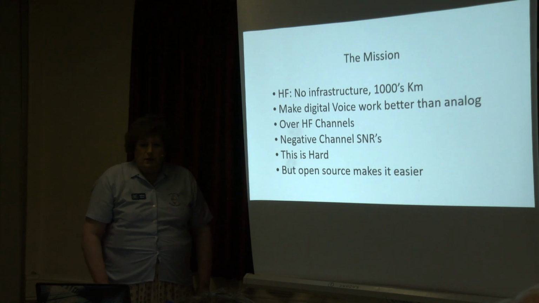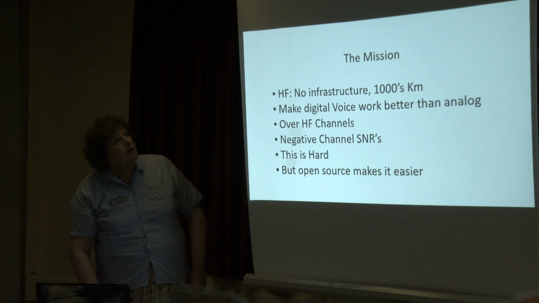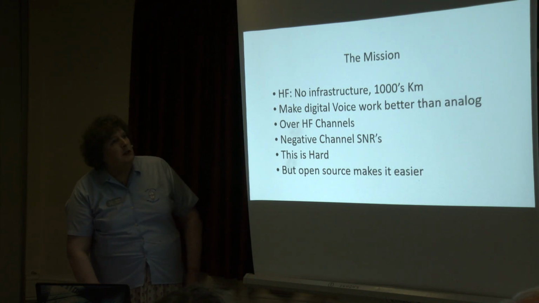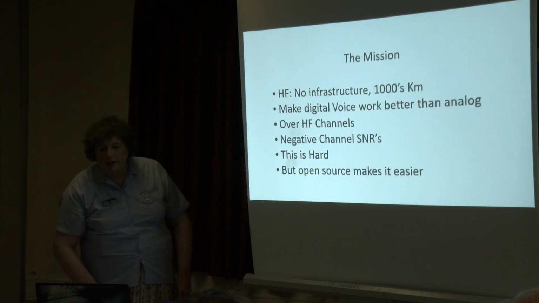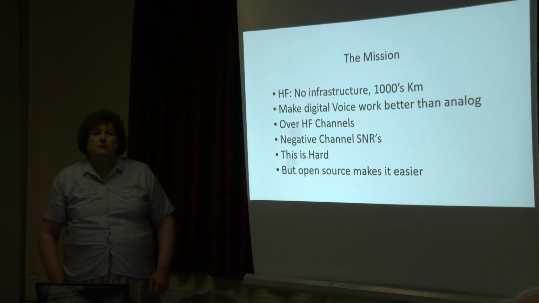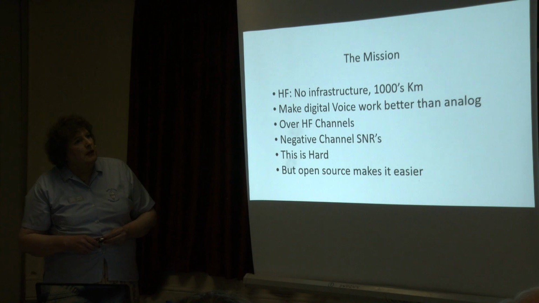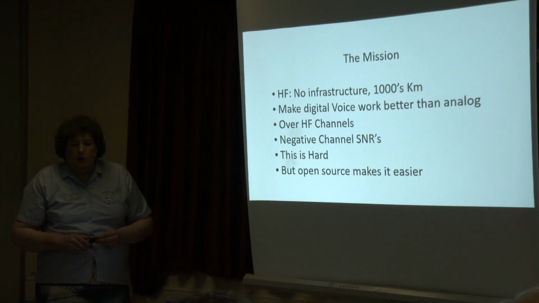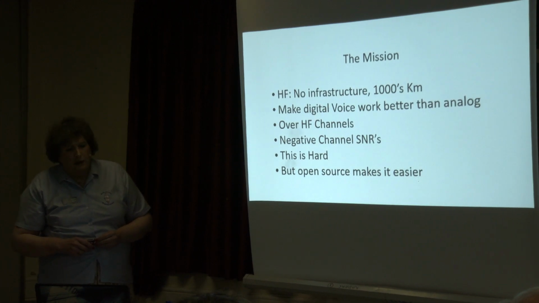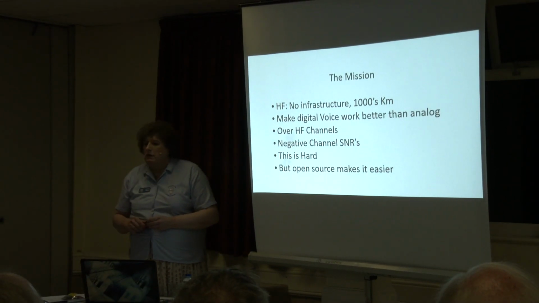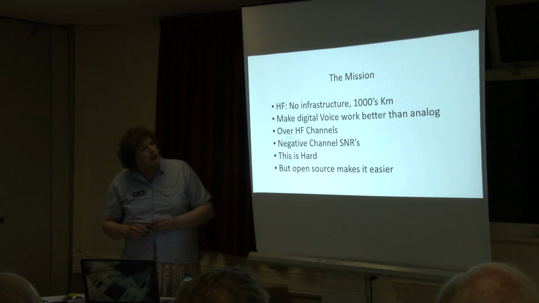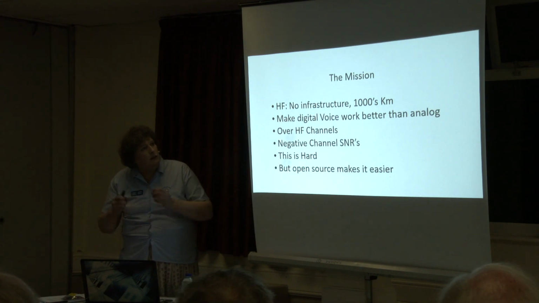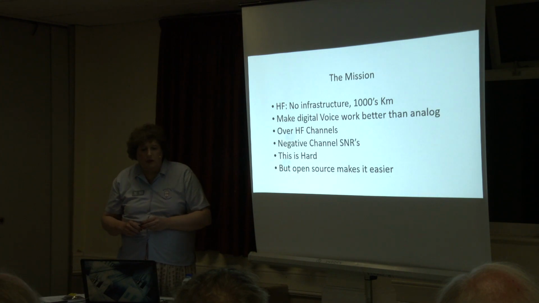The mission for the development of getting FreeDV into amateur radio is to provide a digital interface similar to the VHF digital modes you've been using more recently. But on HF, we make the digital sound much better than the analog, so you get rid of a lot of the mush.